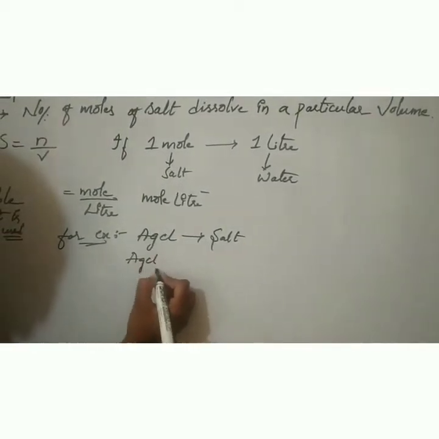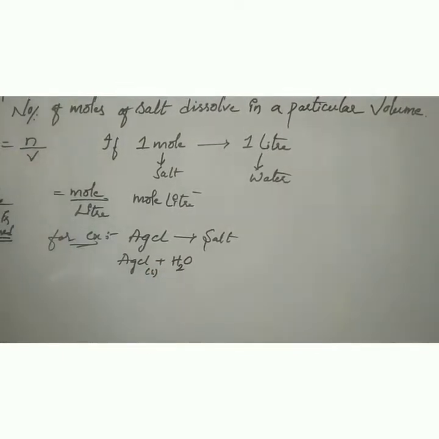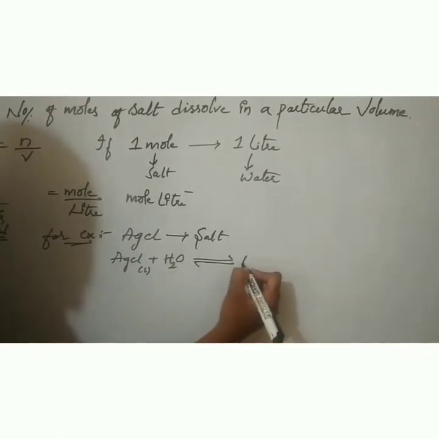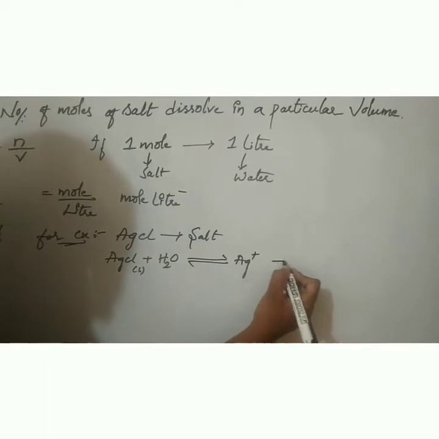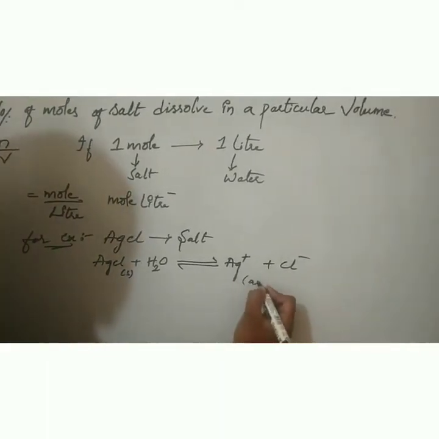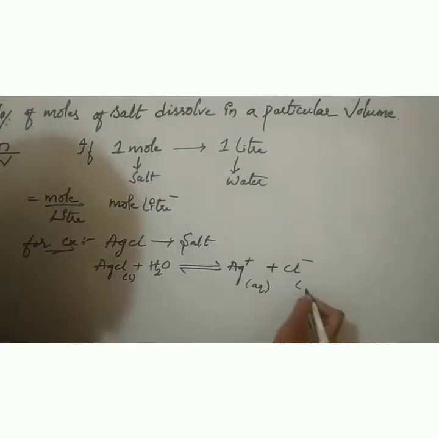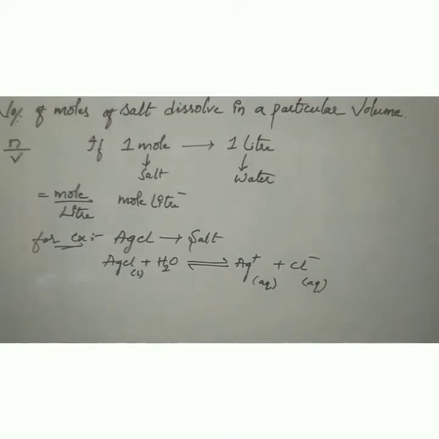AgCl, this is solid, is dissolved in water and gives Ag plus, Cl minus. That is an aqueous solution. It dissolves in the water to form the aqueous solution, so I will write aqueous.